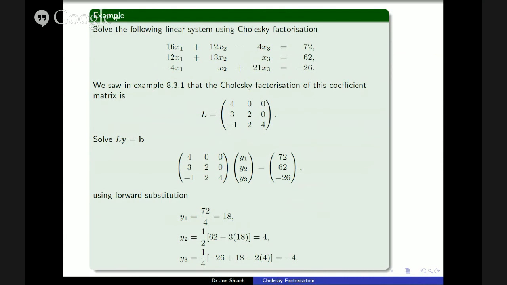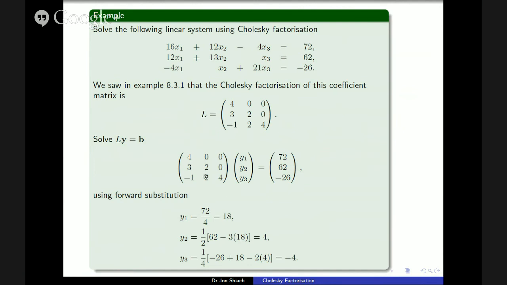Okay, so let's have a look at this example. Here we've got a 3 by 3 system. I think this relates to a previous example, and we saw in a previous example that our Cholesky factorization was this. Okay, so you first solve Ly equals B by forward substitution. So we have 72 divided by 4 is y1.